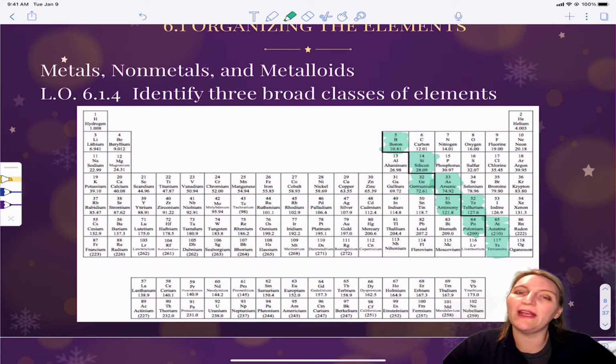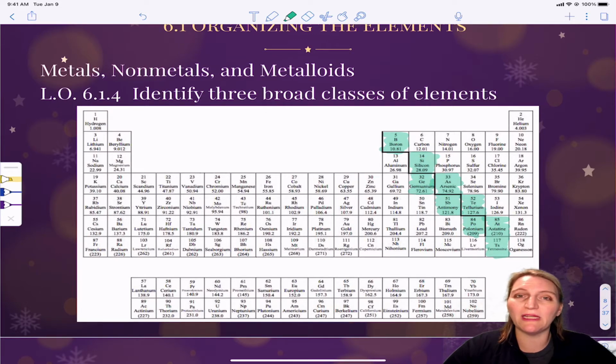And now we can color in all the other elements as metals or nonmetals. Everything to the left-hand side of the metalloids is a metal with the exception of hydrogen. We'll talk about hydrogen's specific properties in the next video. Hydrogen is appropriately placed above lithium, but there's also many reasons why you could also put hydrogen above fluorine on the right-hand side of the periodic table.